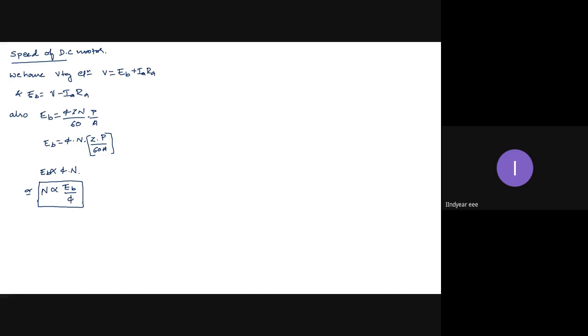Okay, so let us take this as equation A. What we can observe here is that the speed is directly proportional to back EMF and inversely proportional to flux. Now what happens in a shunt motor?